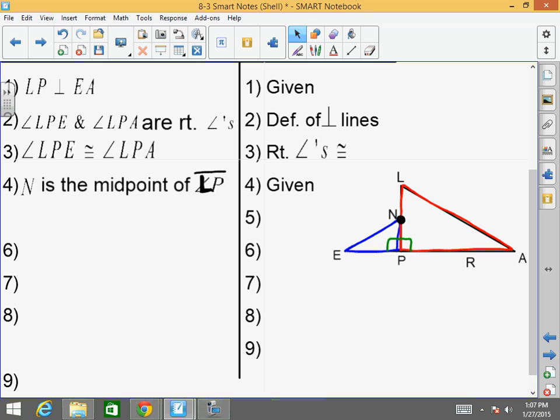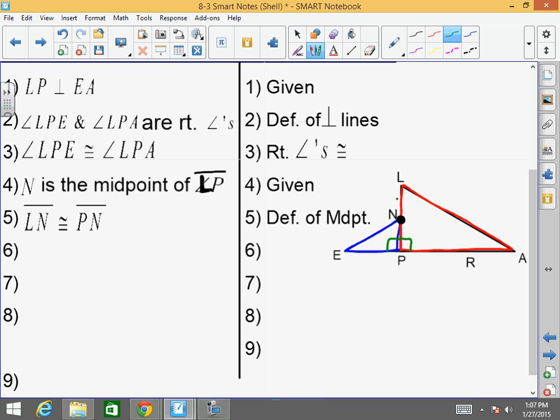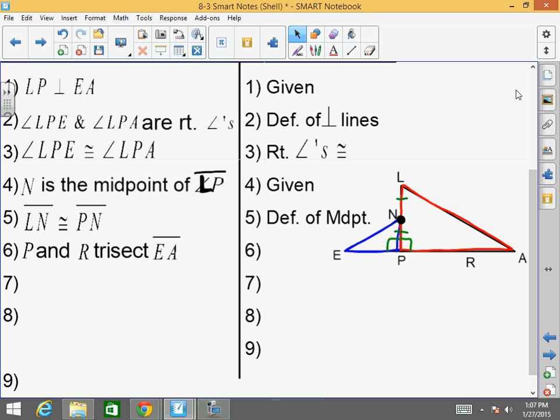So that's given. LN is congruent to PN, by the definition of midpoint. So I know that this is congruent to that. Okay. Then P and R trisect EA. So P, which is this guy, and R, which is this guy, trisect EA.